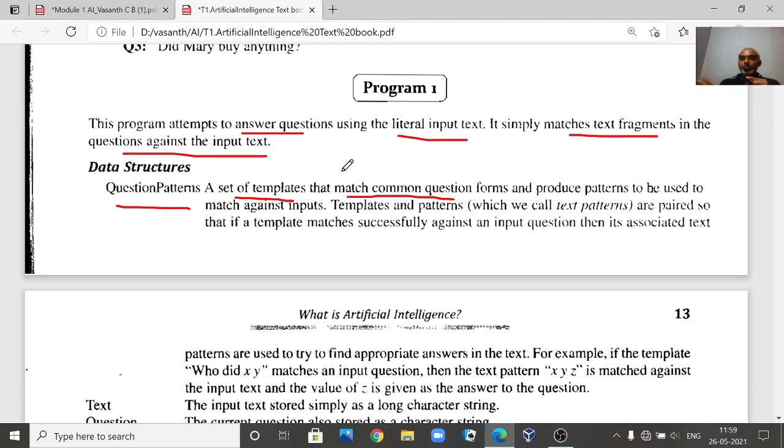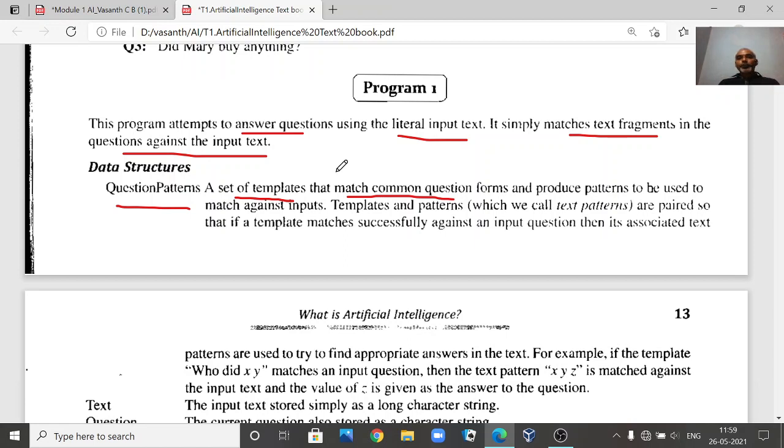For one template of question, I might have 2 or 3 patterns. First, if this template matches with any of the questions, then I will take the pattern associated with this template, and try to search for that pattern in my input text. This is how we are going to do it.